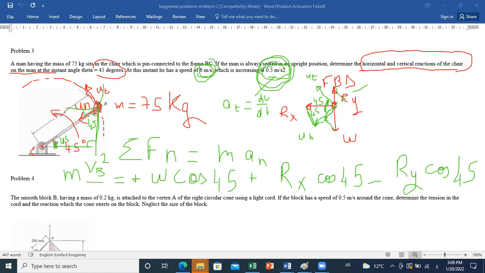The radius is given, it's the radius of the circle, I think 20 meters, so over 20. As you can see, the value of VB that is given will affect the Rx and Ry. If you change VB, this will accordingly change the reactions values. So this is my first relation. This is equation number 1.